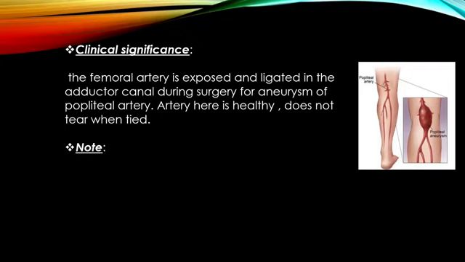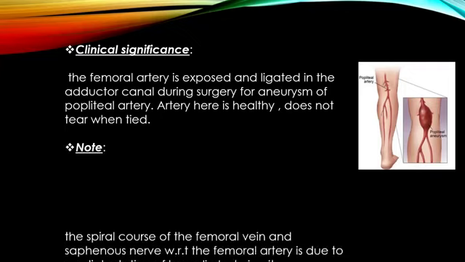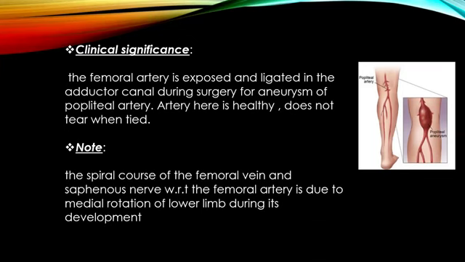Now we have another important note. The spiral course of the femoral vein and the saphenous nerve with respect to the femoral artery is due to the medial rotation of the lower limb during its development. I also talked about it while explaining the femoral vein and the saphenous nerve. We observed that the femoral vein near the apex of the femoral triangle, that is near the upper part of the adductor canal, lies posterior to the femoral artery, and as it moves towards the end, it becomes lateral, that is, it is taking a spiral course.